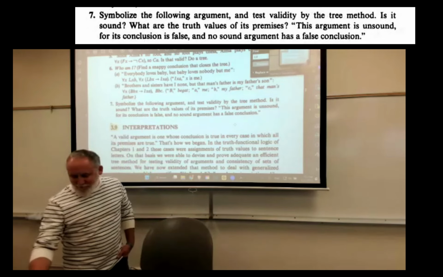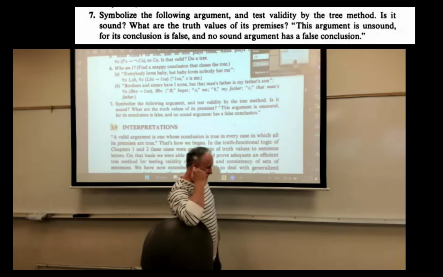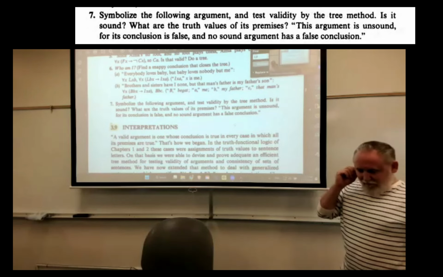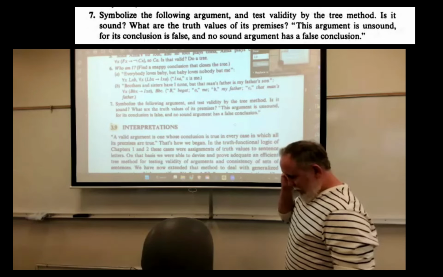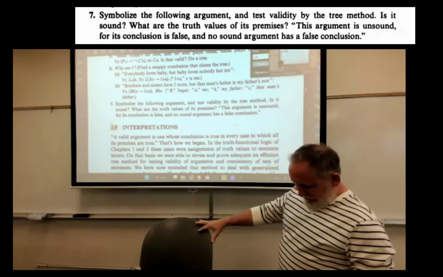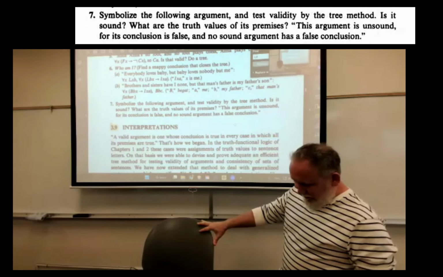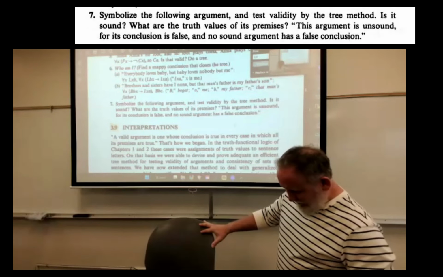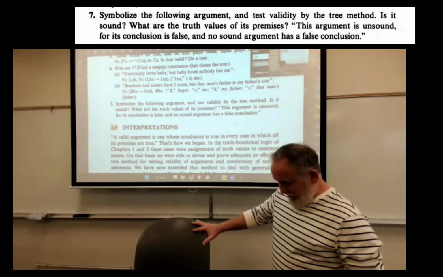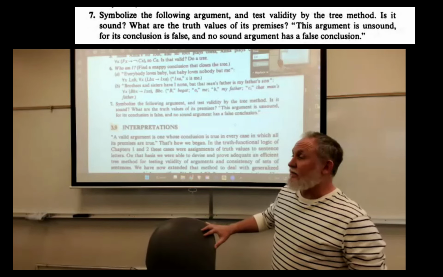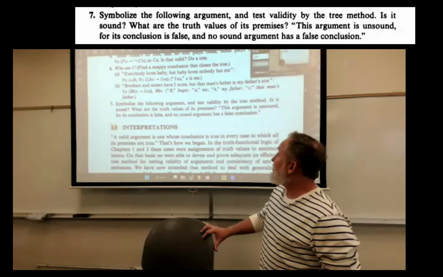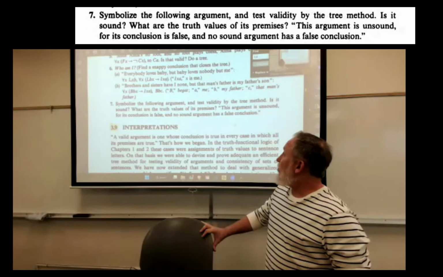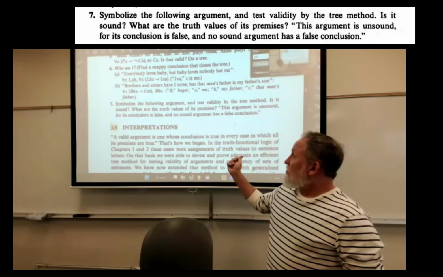Well, I think the difference is that you give me any formally invalid form, and I can make it valid just by giving it an absurdity, A and not A, or not A and not A. It would be trivially valid and unsound, but it would still be valid.